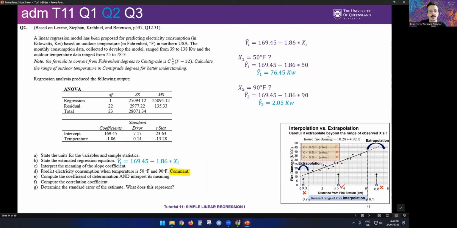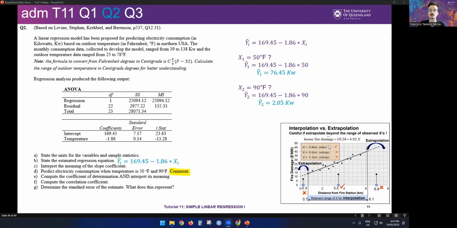Once again, look, the range of the observations we used to calculate this linear relationship was between 25 Fahrenheit and 78 degrees Fahrenheit. So 50 is all right, but 90, it's above the maximum 78 Fahrenheit. So we are once again talking about extrapolation.